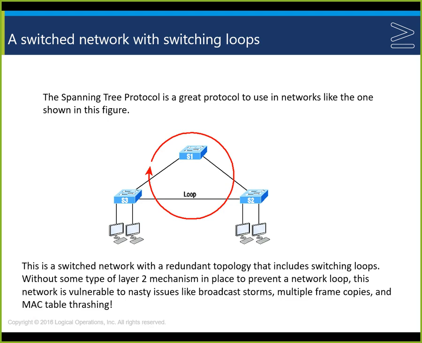MAC table thrashing is where it keeps changing the port that the frame came in on. First it would be one, and then it would be the other. It came back, so it's going to go two different paths.